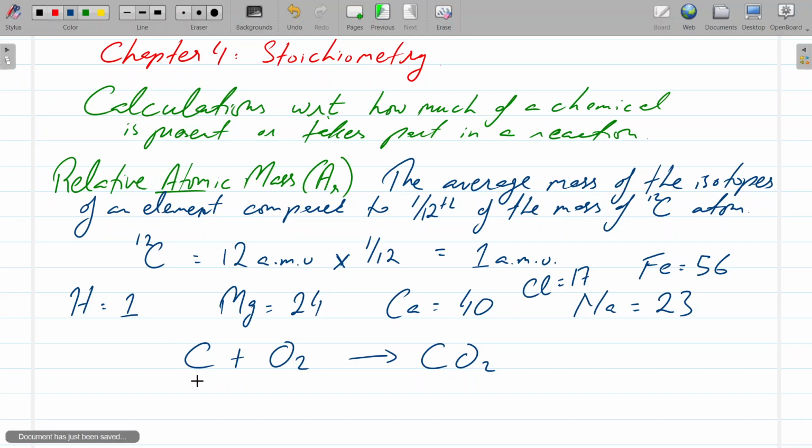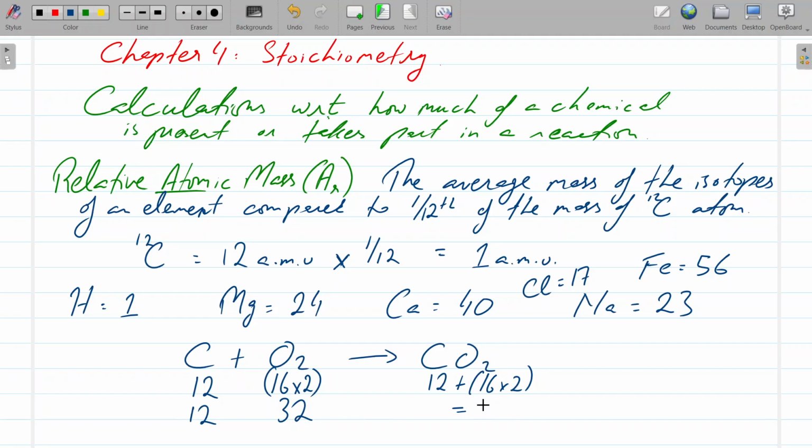The mass of carbon is 12, as we know. For oxygen, a single atom of oxygen is 16, and you've got two of those in the oxygen molecule. And over here you're getting 12 plus 16 into 2, which gives you how much? 44. So this is 12, this is 32, and this is 44.